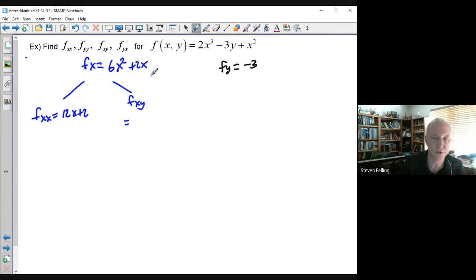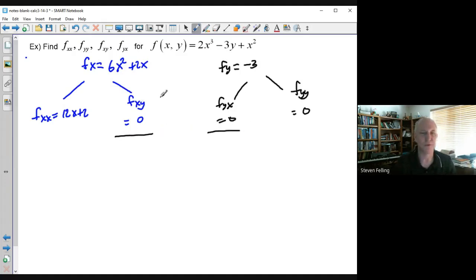And there's no y here, so the derivative is 0, so that would be 0. Okay, and if we do fyy, well, the derivative of that is 0. So that would be 0. And if I did fyx, that's also a constant, so that will be 0. And sure enough, Clairaut's theorem is true, that the two mixed derivatives are the same.